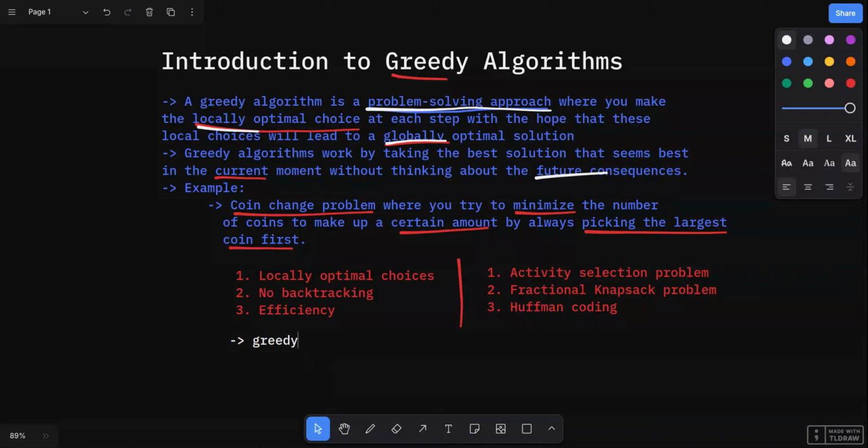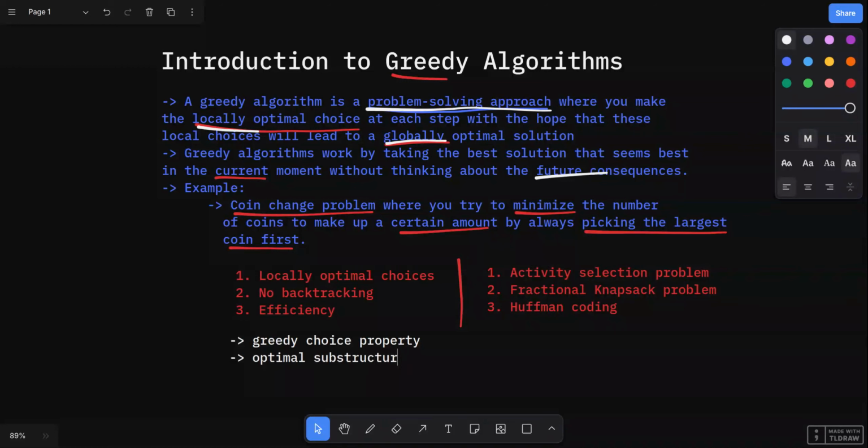This condition is just the greedy choice property. And this greedy choice property means you are in good conviction that a global optimum can be arrived at by choosing a local optimum. That's the first condition. The second condition is optimal substructure.